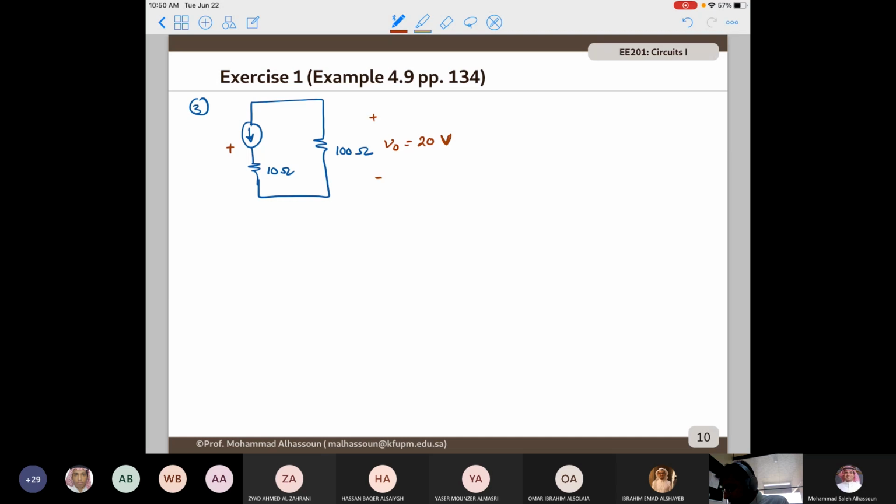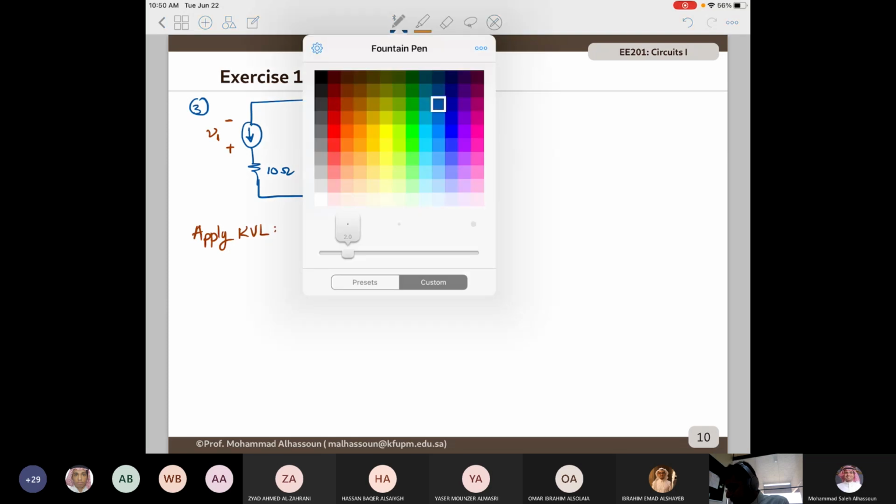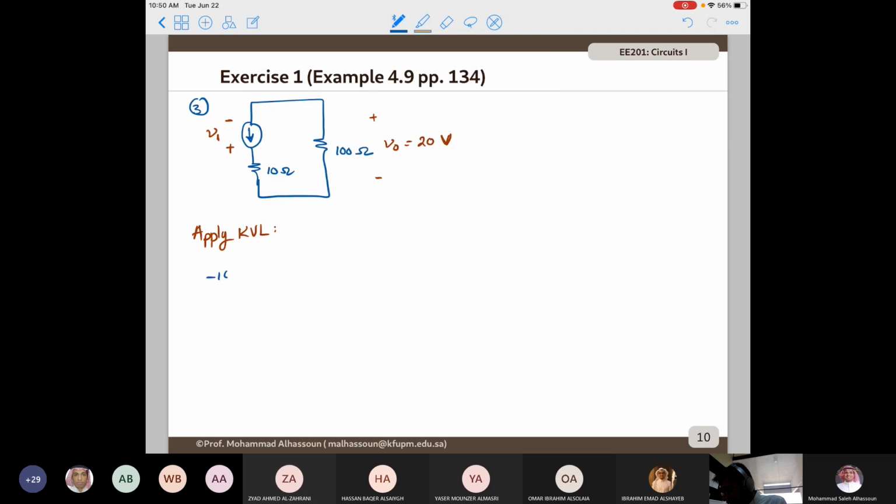So what I need to do is find the voltage across the current source. So applying KVL, this is going to give me minus 10 multiplied by the current source, which is in this case 8, plus V1, which is the voltage across the current source, plus 20 equals 0.